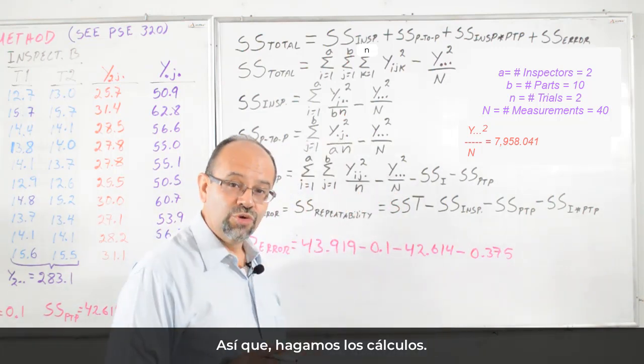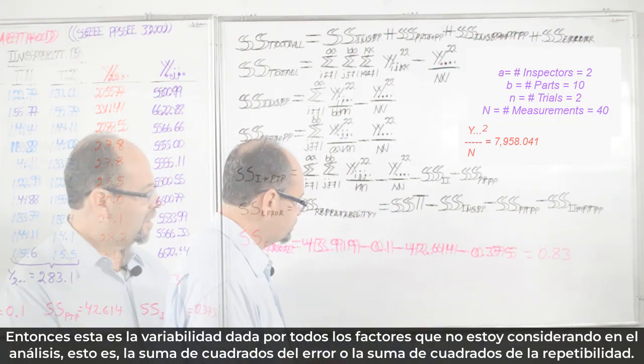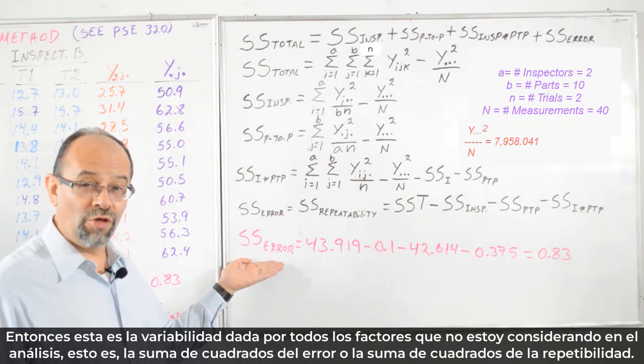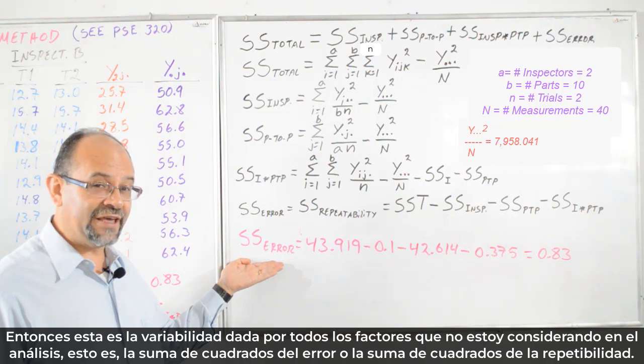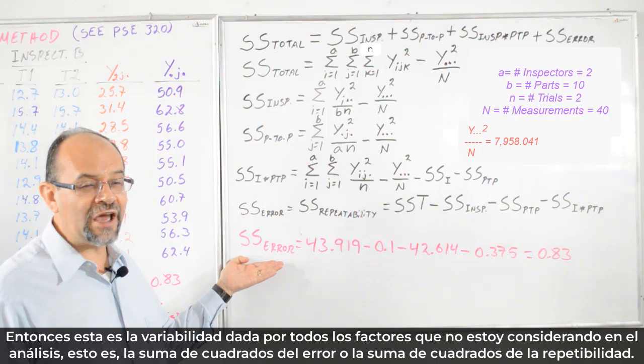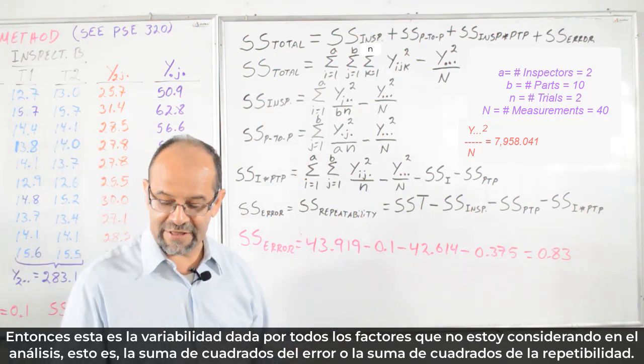Okay, let's do the calculation. Well, that is the variability because of all other factors that I'm not taking in consideration in the analysis, which will be the sum of squares of the error or the sum of squares of the repetibility.